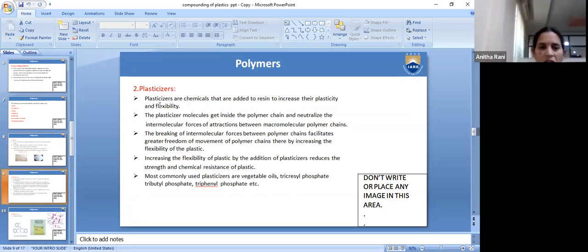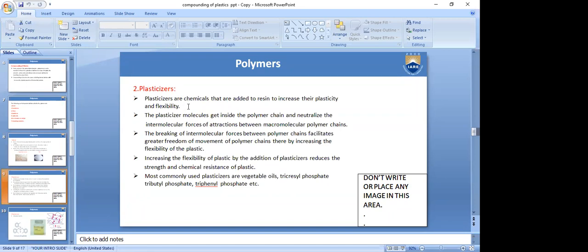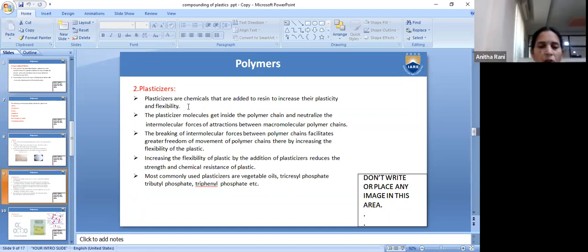Now, okay, plasticizers. Plasticizers, ma, we will add to the polymer material to increase the plasticity and flexibility, so that we can mold into any shape. Plasticizers are chemicals that are added to resin to increase their plasticity and flexibility.